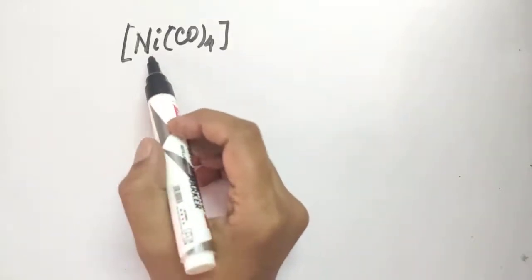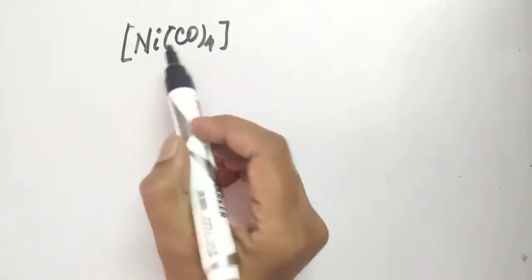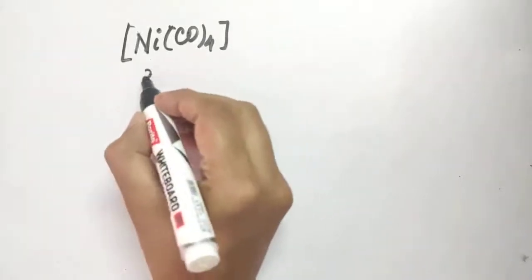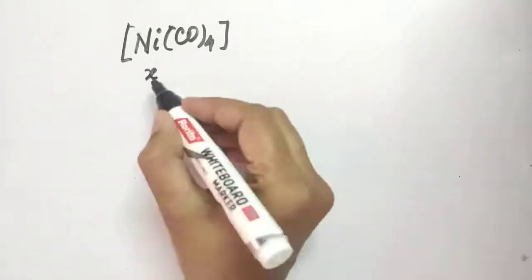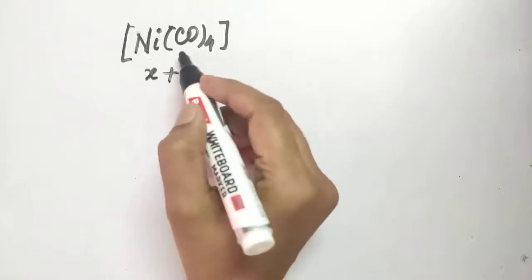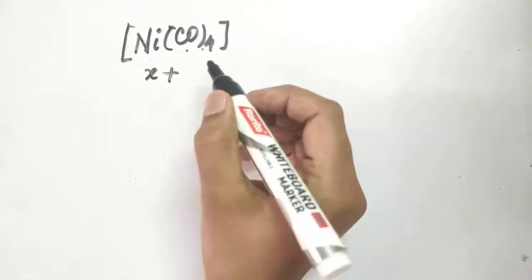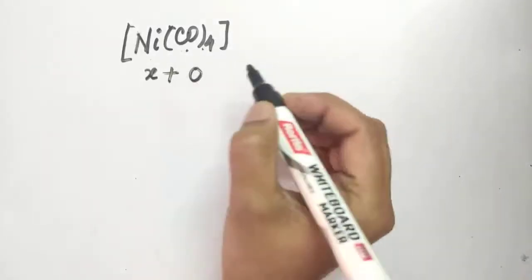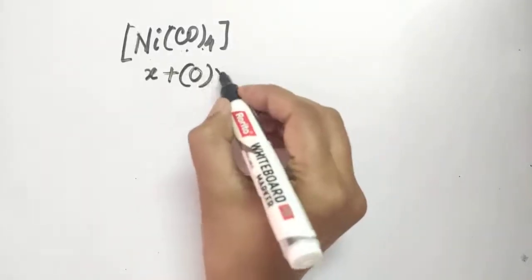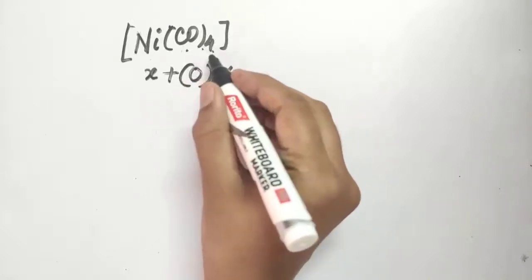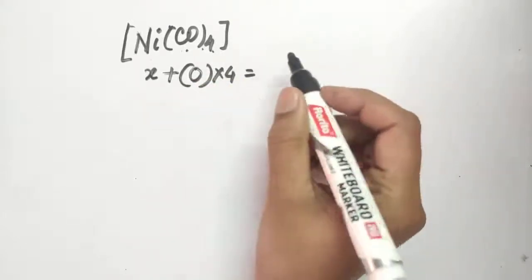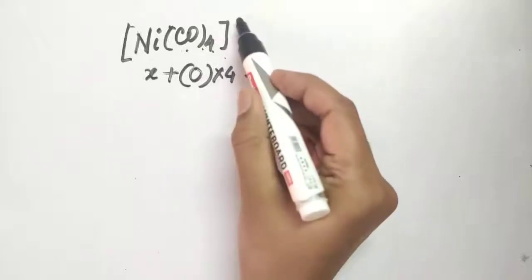Let us take the example of this nickel carbonyl complex. If we have to find the oxidation state of the metal nickel, we assume it equal to X. Then the ligand carbonyl is also a neutral ligand, so the charge on it is 0 into 4 carbonyl molecules, and this must be equal to the charge outside the bracket.